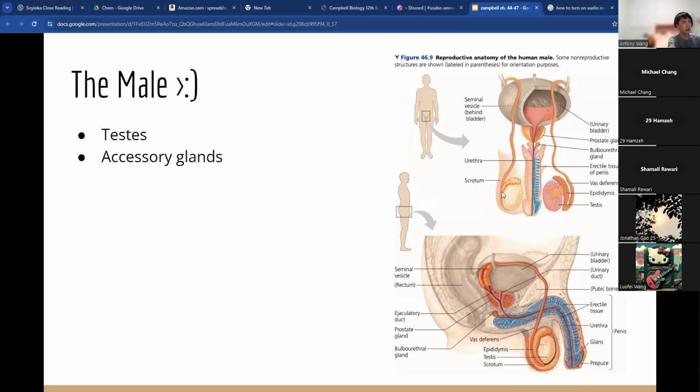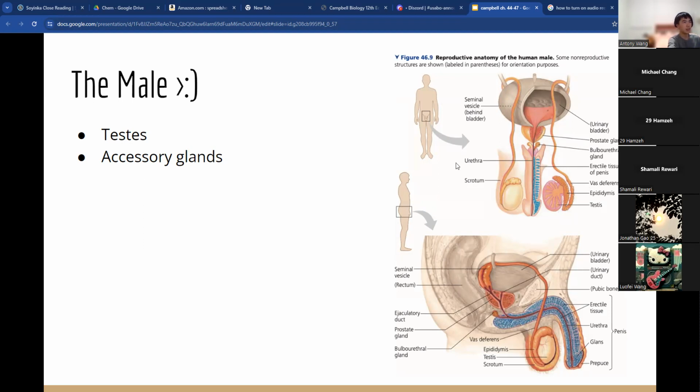The sperm then finish their maturation in the epididymis, and when ejaculation happens, they go through this duct called the vas deferens.